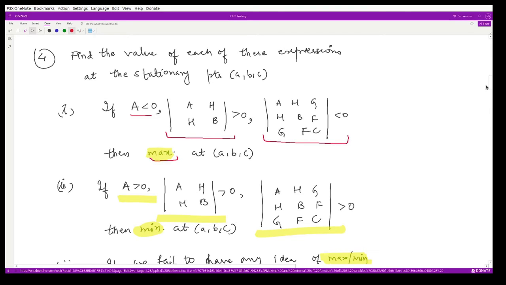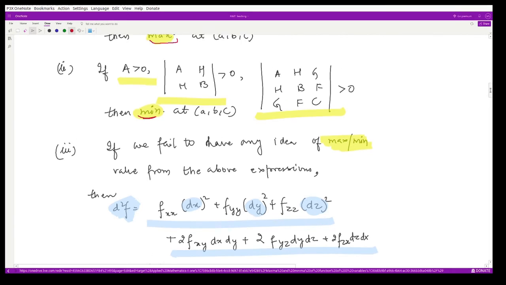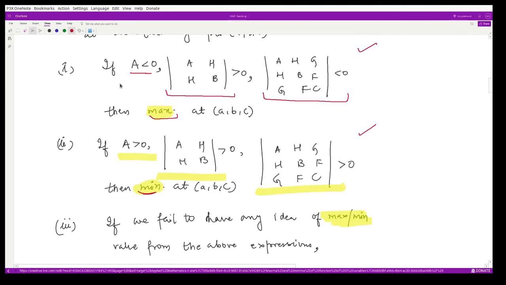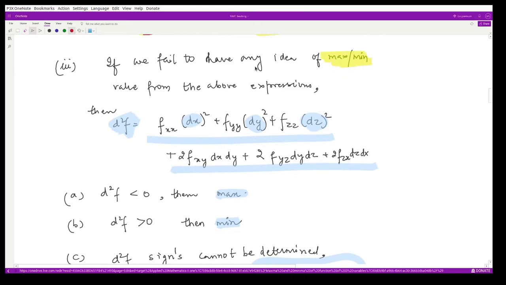If all three are positive, then we will have a minimum at that particular point (a, b, c). And if you have any other combination of these three quantities, that means the signs differ from these two cases, then we do not have any direct idea about the maximum or minimum from the given values.